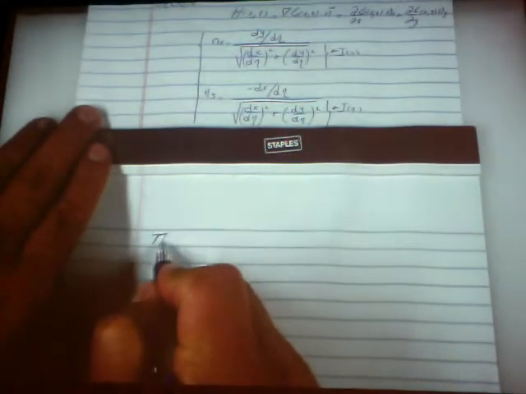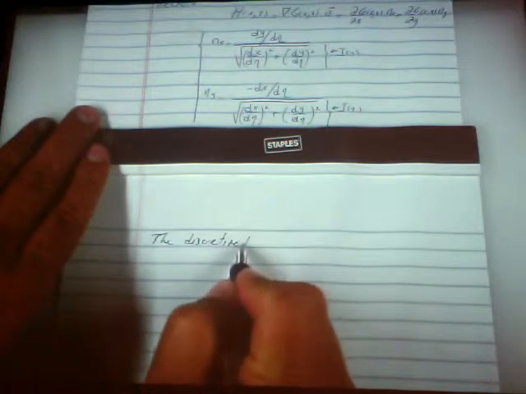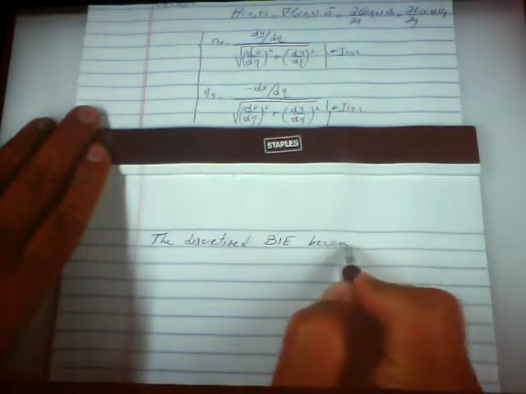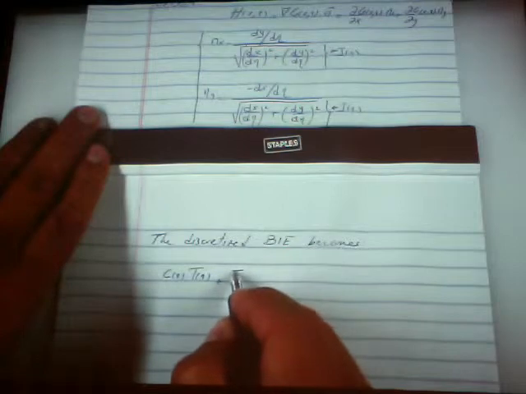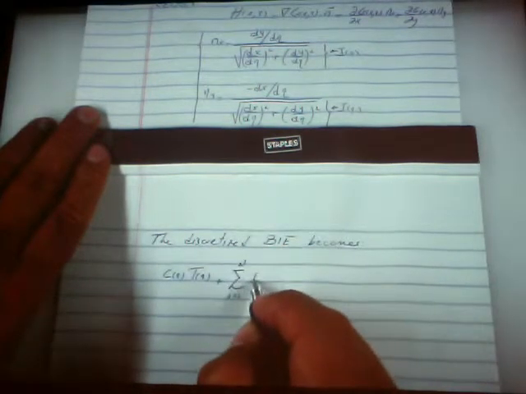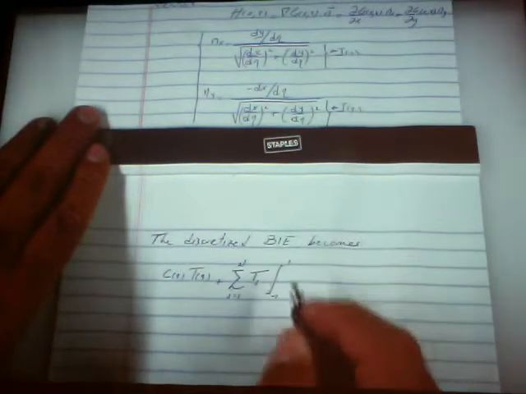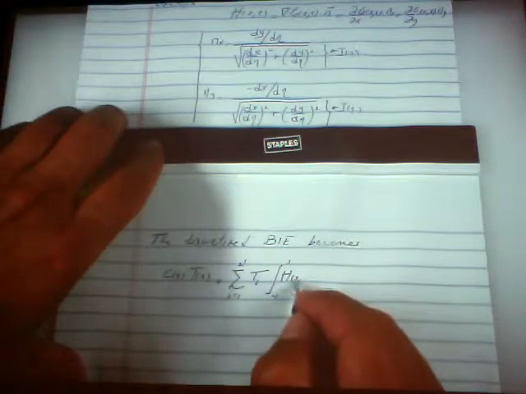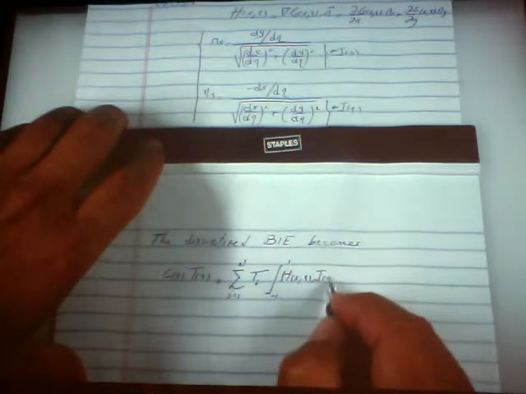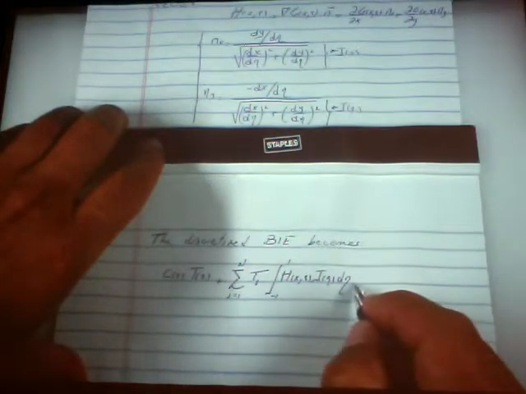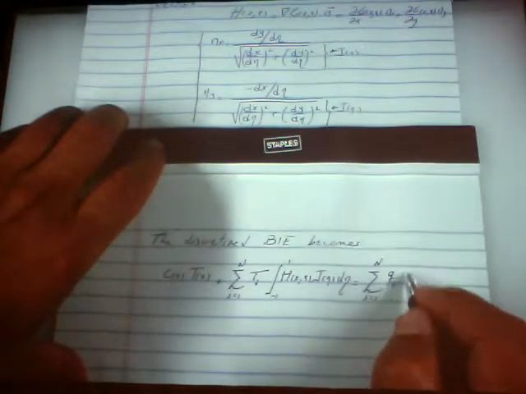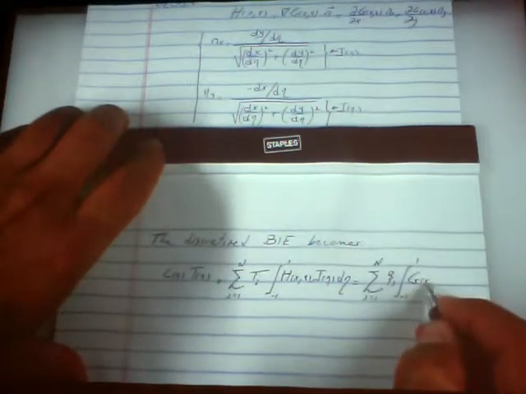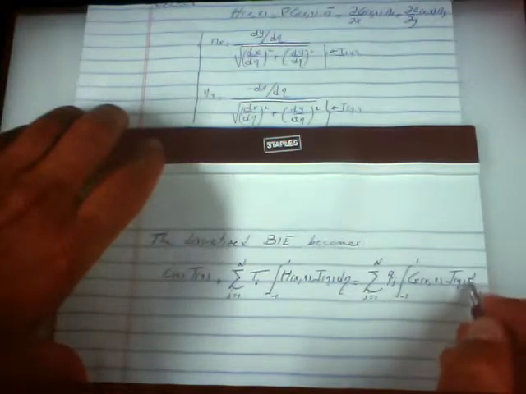So the discretized BIE becomes: C T plus the summation from j equal 1 to n of Tj times the integral between -1 and 1 of h of x and xi times the Jacobian d eta is equal to the summation from j equal 1 to n of qj times the integral between minus 1 and 1 of g of x and xi times the Jacobian d eta.